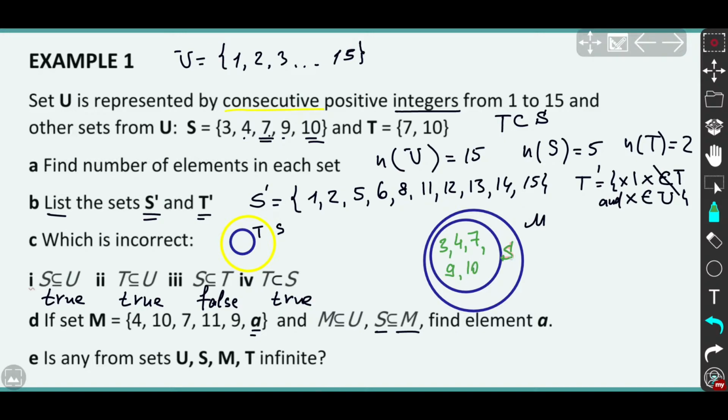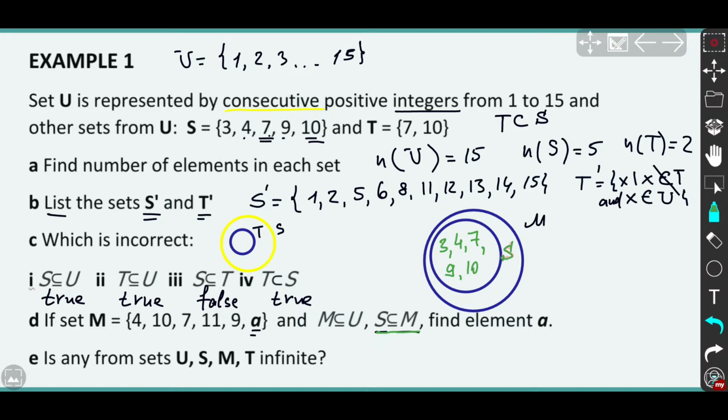Why do I know that circle S is within the set M? Because we know that S is a subset of M. So that's why M should contain every single element from S. Okay?